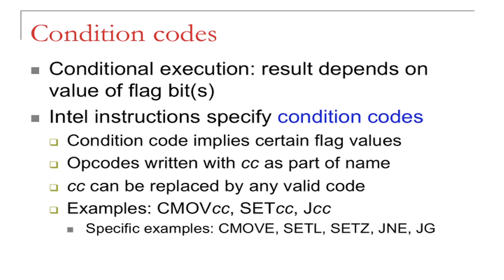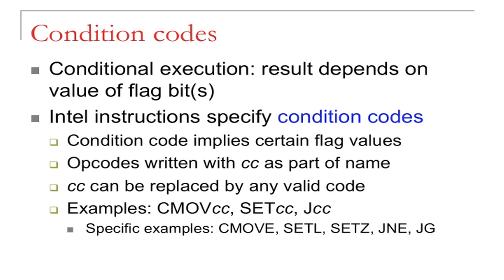Okay, so next thing we want to talk about is the condition codes. Condition codes, in fact, refers to a group of codes that represent the relationships or the conditions between two numbers.